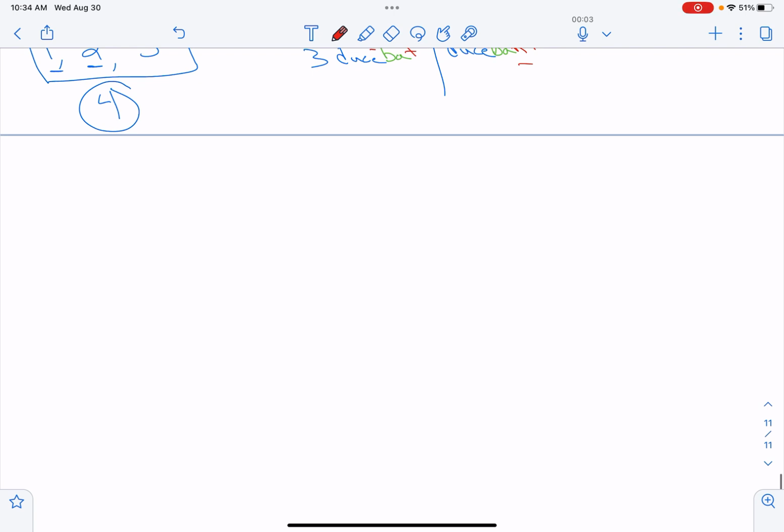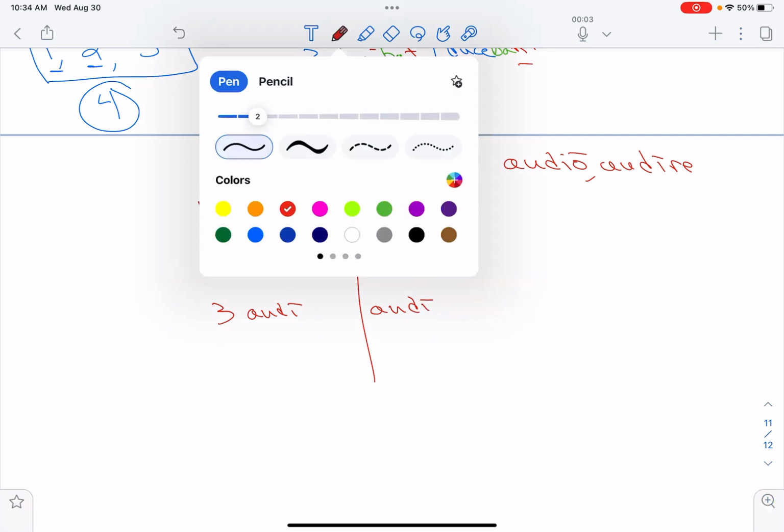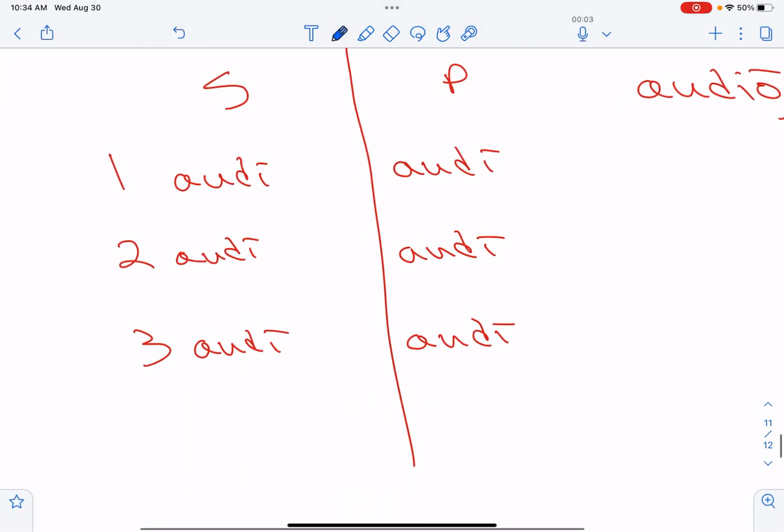For fourth conjugation, again, it's not like it's going to blow your mind, but it's just something to be aware of. So audio, audire. So you're going to write the stem, audi, 6 times. You're going to write that little infix, BA, 6 times.